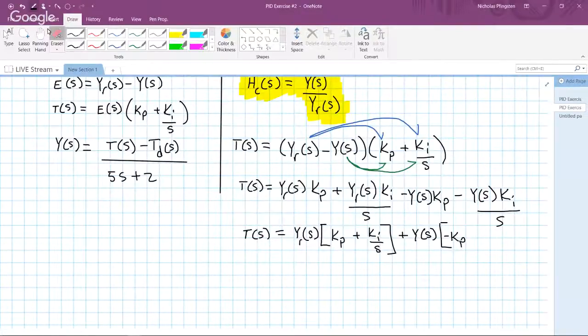Actually, I should factor out that negative, just for consistency's sake. And I actually think that was a good choice. Factoring out that capital Y sub R of S and that capital Y of S. That was a good idea.